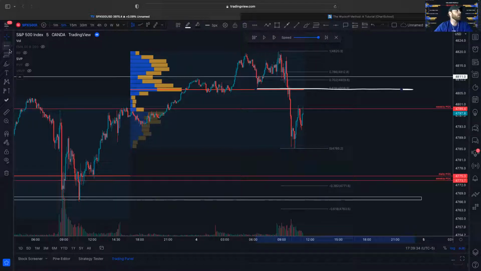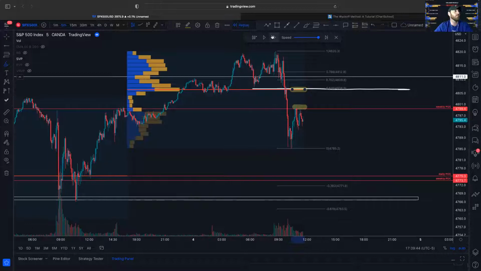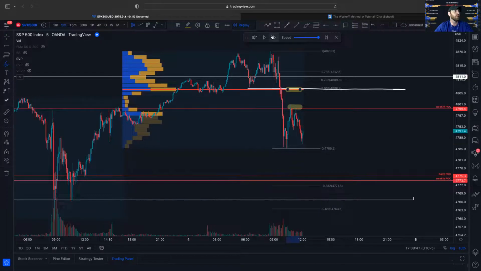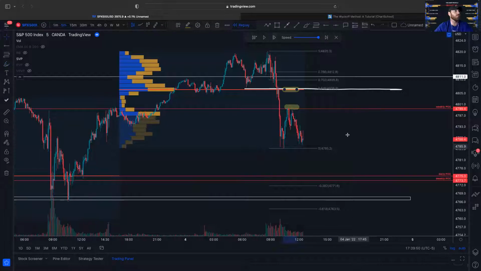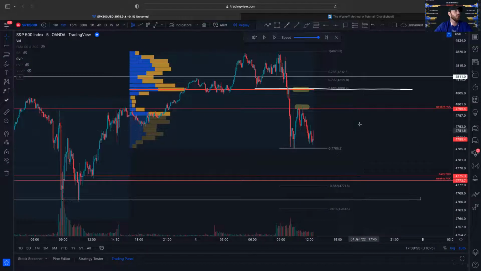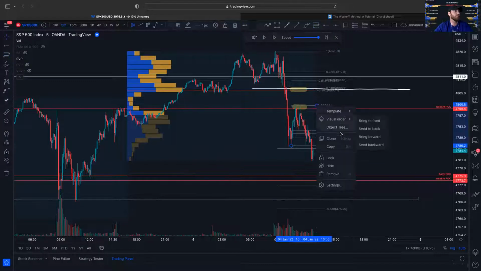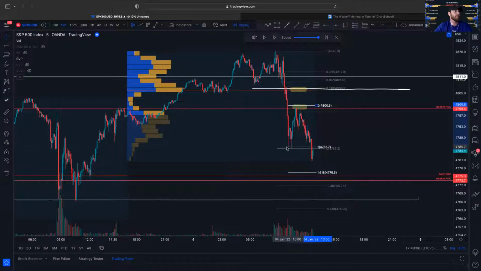Okay, if we were searching for a trade, if this breaks, it's coming up to here. And it might, let's see, divergence is there. So this is probably going to come up. Let's just, for the sake of the magic, watch this get hit real quick.